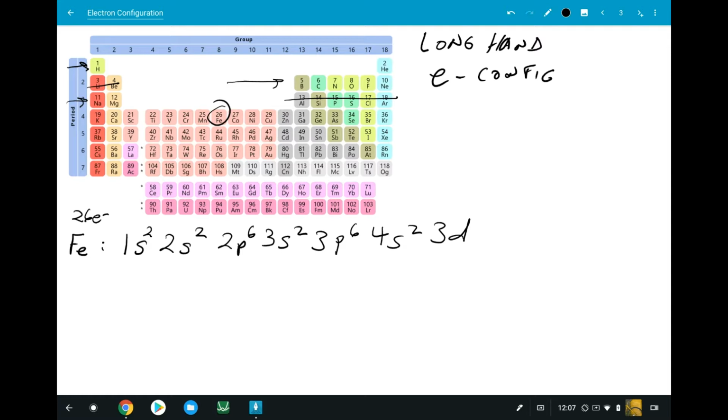And now I count 1, 2, 3, 4, 5, 6. There are 6 electrons in the d block. And that is my complete electron configuration for iron. And that's simply done like that. No dashes, you can see it fits nicely.